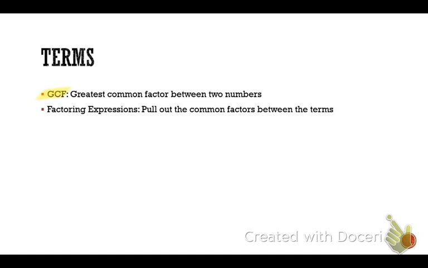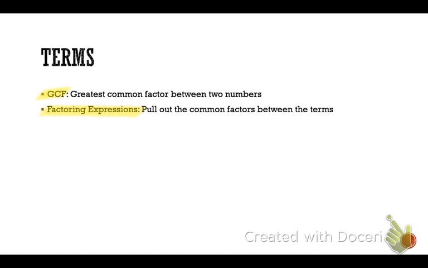You have to be able to find the largest common factor between two numbers. Don't worry, it's not going to be up in the hundreds, okay? But you do have to find the largest common factor. And then, what does it mean to factor an expression? It means to pull out the common factors between two terms. Okay, so make sure you fill in those blanks.